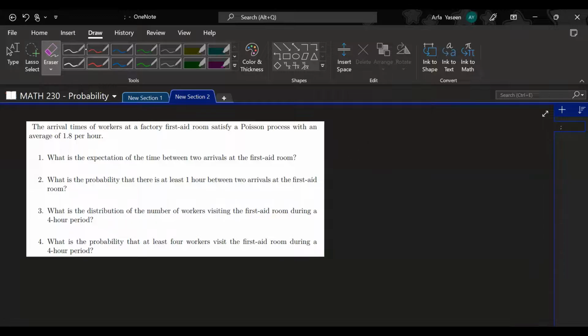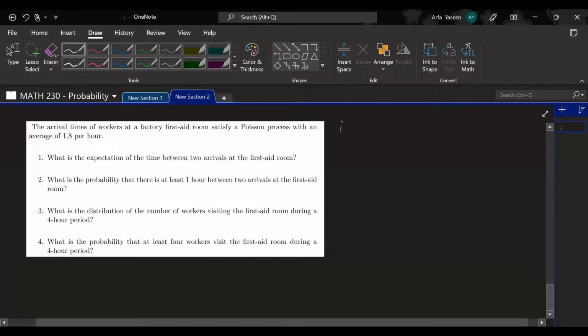So it would be 1 over 1.8. Moving on to part 2.